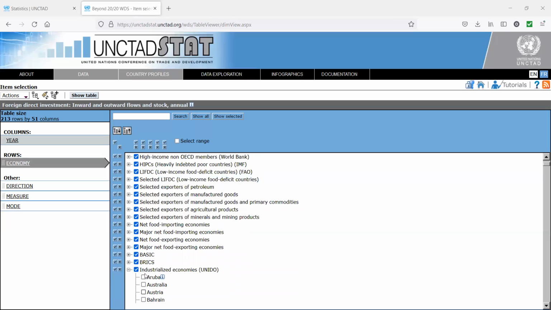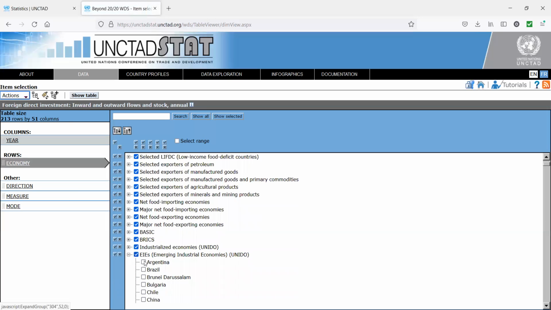You'll have industrialized economies. You will have emerging industrial economies. You'll have emerging markets, and they divide that into Africa, America, Asia, Europe, and Kazakhstan.